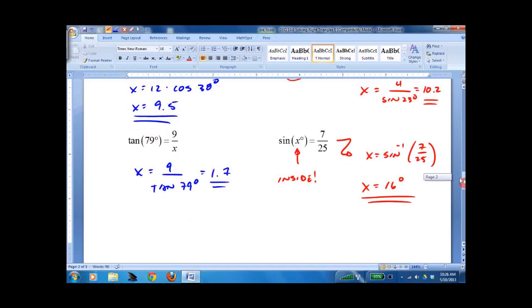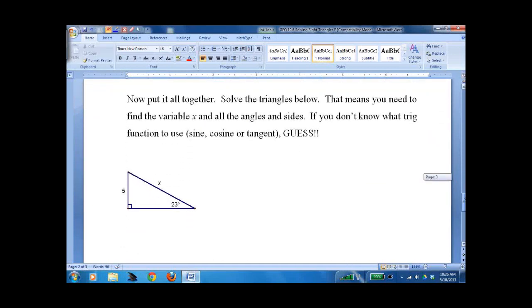putting it all together, let's find x. Well, sine of 23 degrees is opposite 5 over x. Cool, that works.